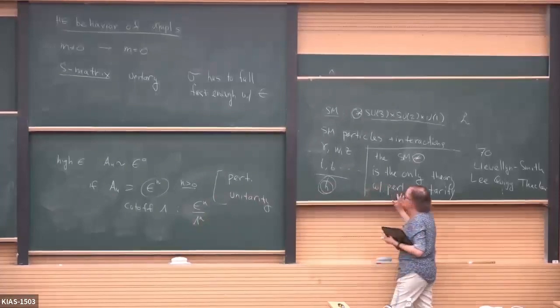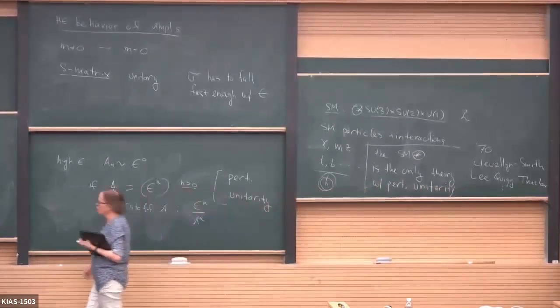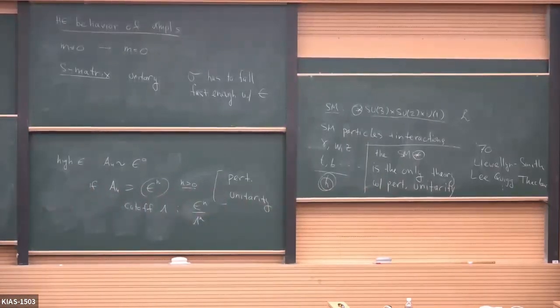Now, of course, it doesn't mean that we cannot have new interactions. We can have new interactions in the theory, but these interactions need to be down by some cutoff.